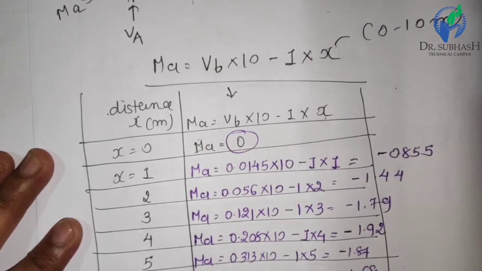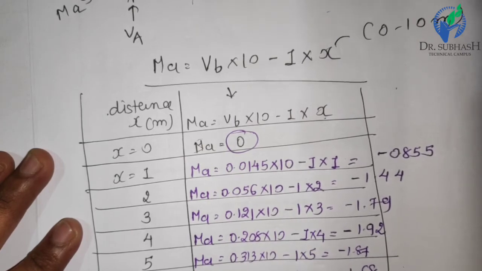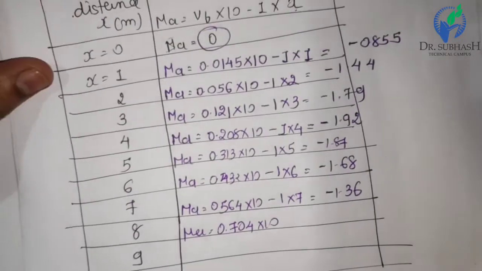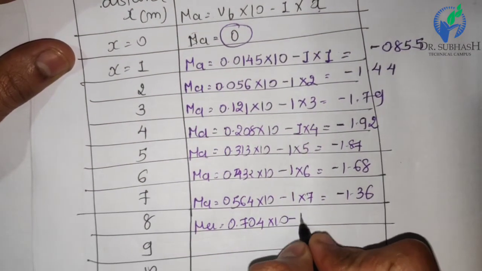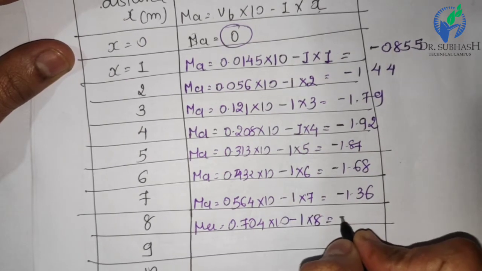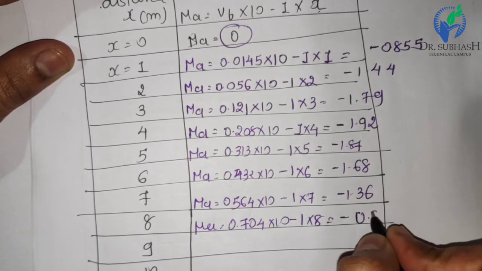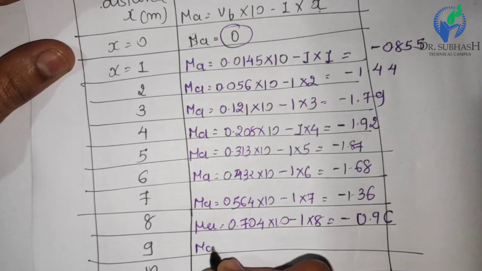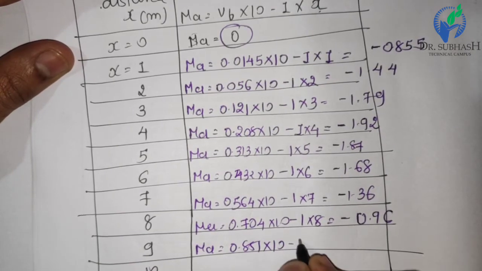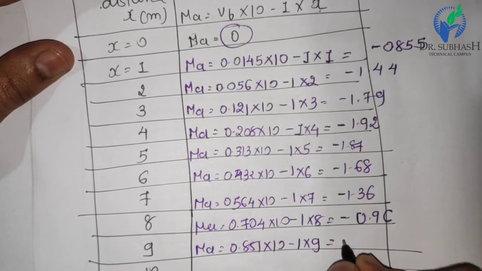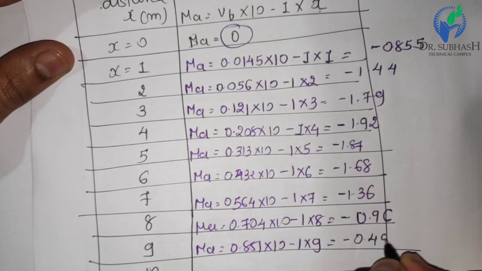The next coordinate is 0.704 multiplied by 10 minus 1 into 8. Sorry, now you can see the table. So our answer is minus 0.96. Then X is equal to 9. Our VB coordinate is 0.851 multiplied by 10 minus 1 into 9. Then our answer is minus 0.49.